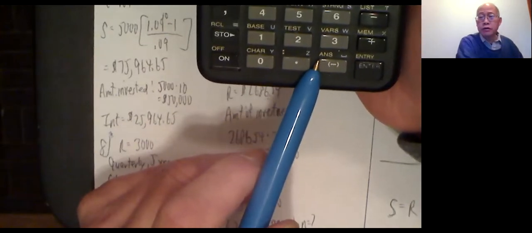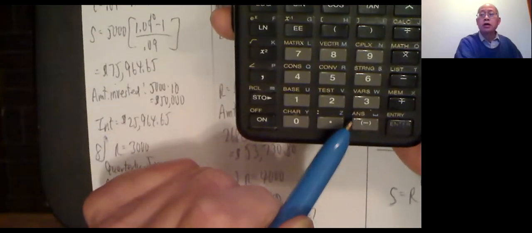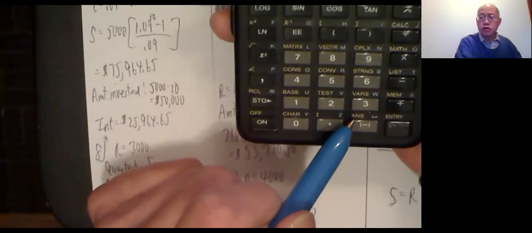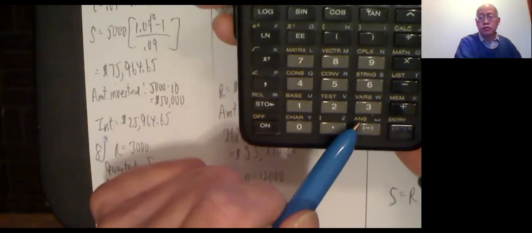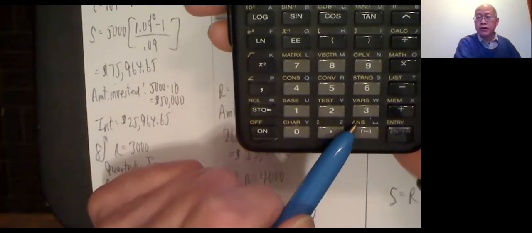Look on your calculator for a button that says ANS. If you have that button, great. It's going to be a little bit easier for you. If you don't have that button, you can still do the problem, but it's going to be a little bit worse for you. So look on your calculator. Do you have an answer button?